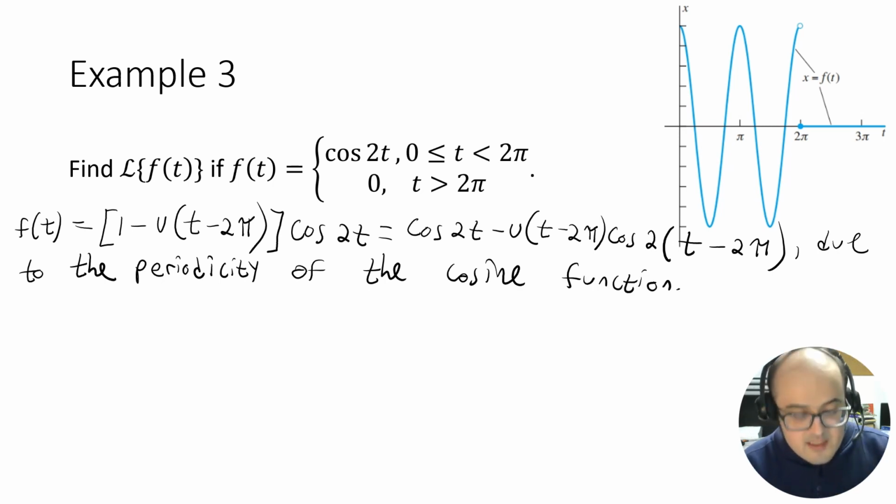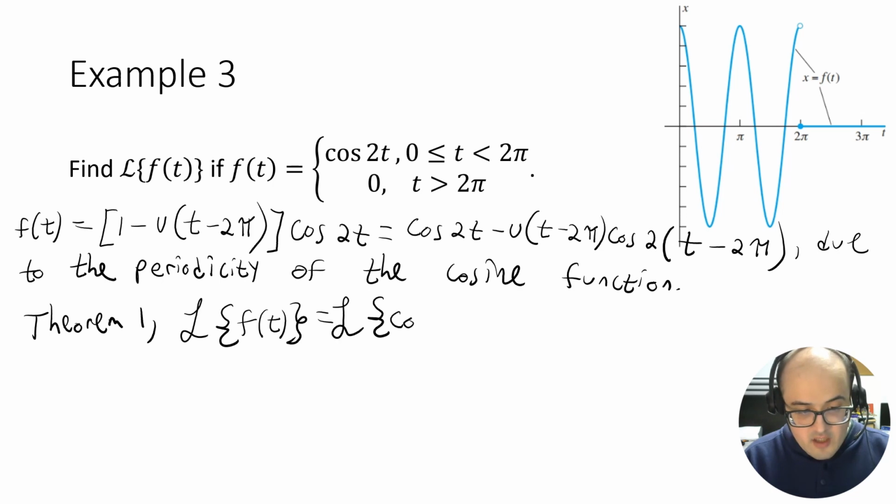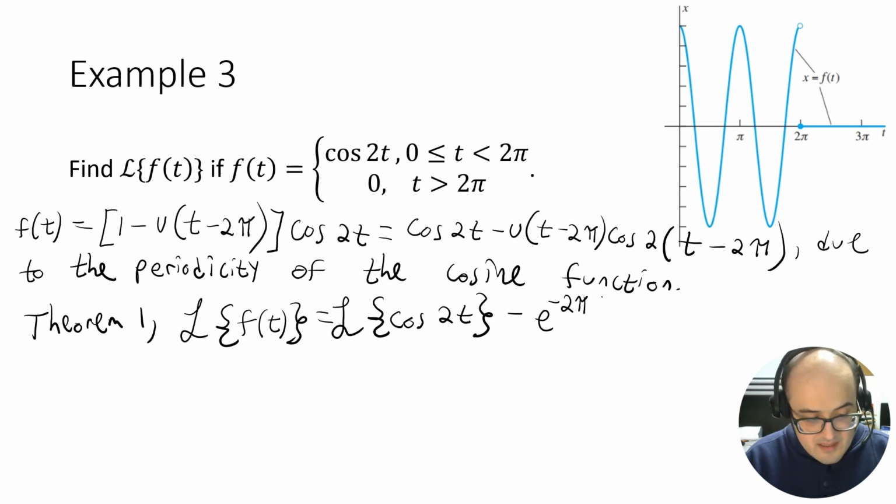So what does that mean for us? That means now we can apply theorem 1 again. And this Laplace transform of f of t is the Laplace transform of the cosine of 2t minus e to the negative 2 pi s times the Laplace transform of the cosine of 2t.